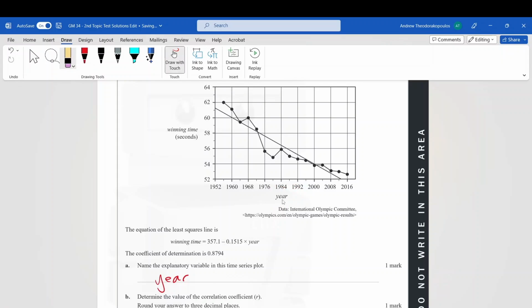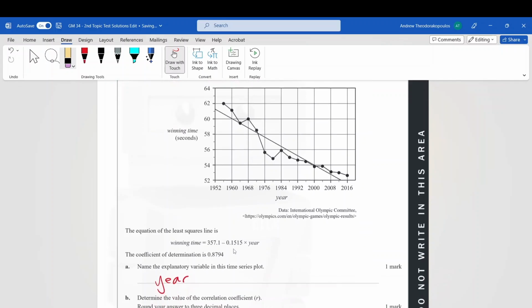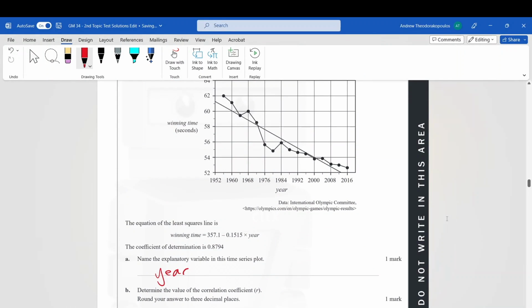Determine the correlation coefficient. Again, determine the R value. To find the correlation coefficient, which is R, we can see in here, it's easy to miss, that we have the coefficient of determination.